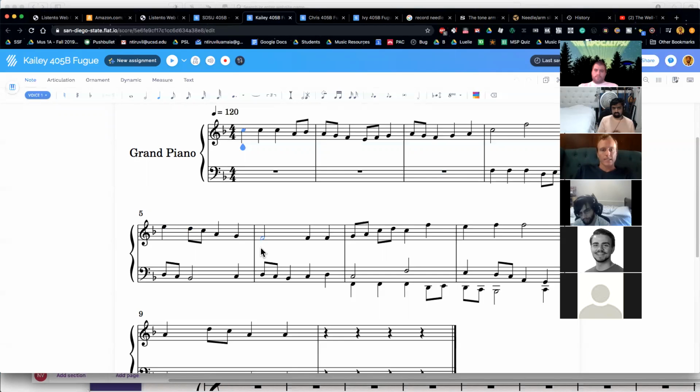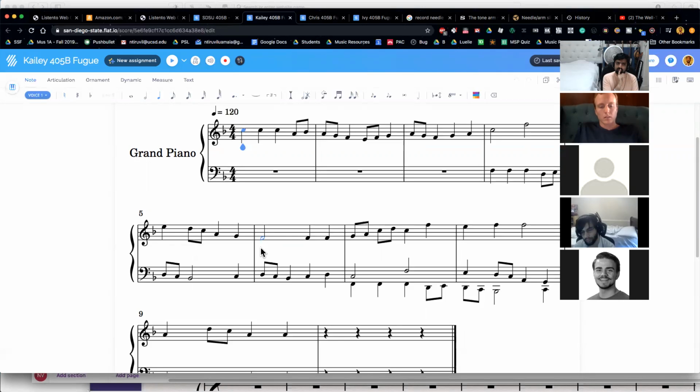Okay, so one thing I should say, the problem I'm having with this is it doesn't seem to really outline the... this is an F major, and then it's going to go to C major.